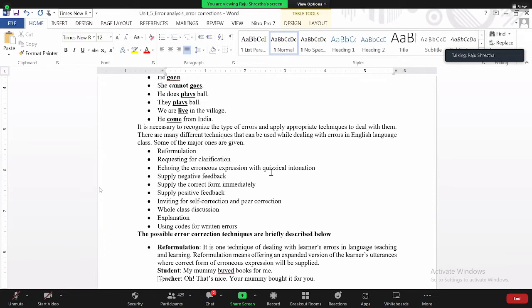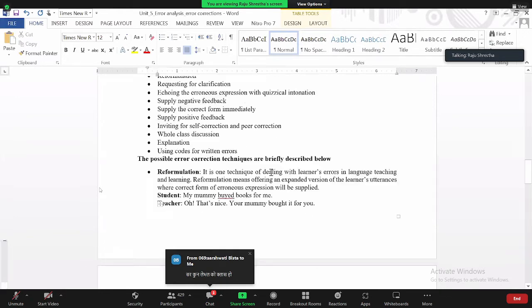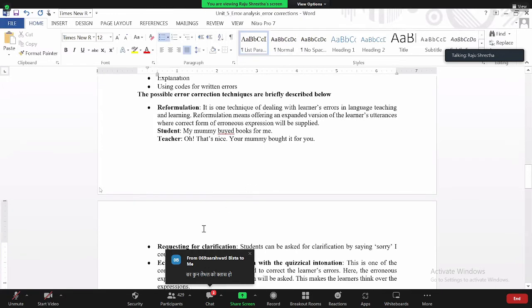But the teacher has not said, "Oh, you made a mistake, you made an error here." This is not acceptable. This kind of explanation is not there. The teacher has just reformulated, like, "Oh, that's nice. Your mommy bought it for you." This is reformulation. And requesting for clarification means students can be asked for clarification by saying, "Sorry, I couldn't understand.